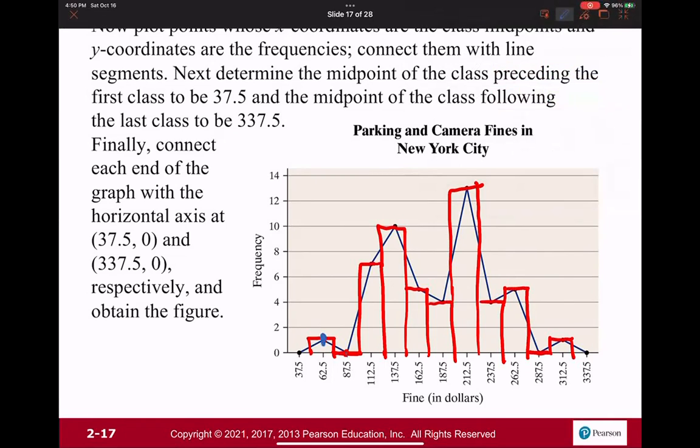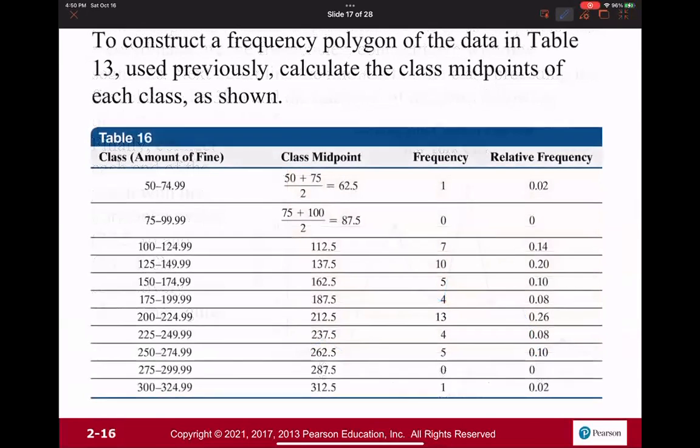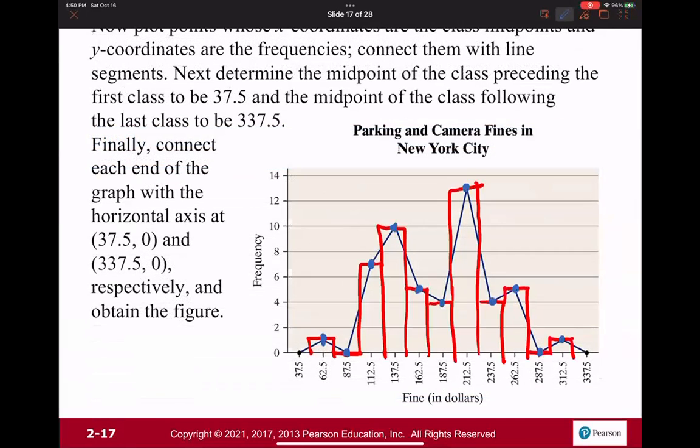So finding the midpoints and the height of each of these is what these dots represent. So each of these dots, we went the height that we did originally over here. So the height of 1, height of 0, height of 7. The only thing that we added to this graph were these endpoints.